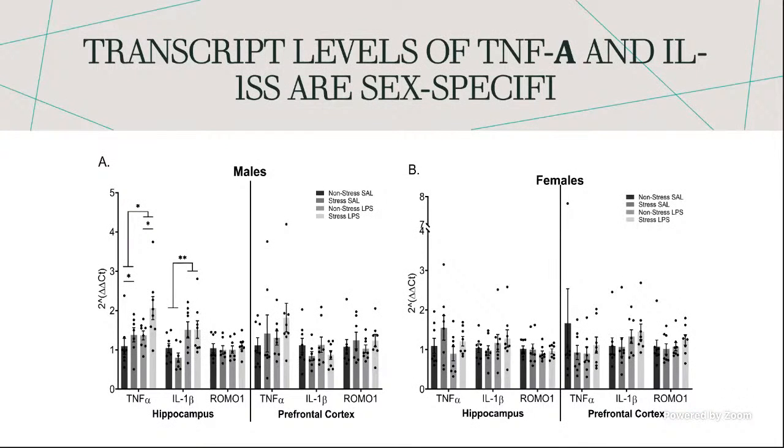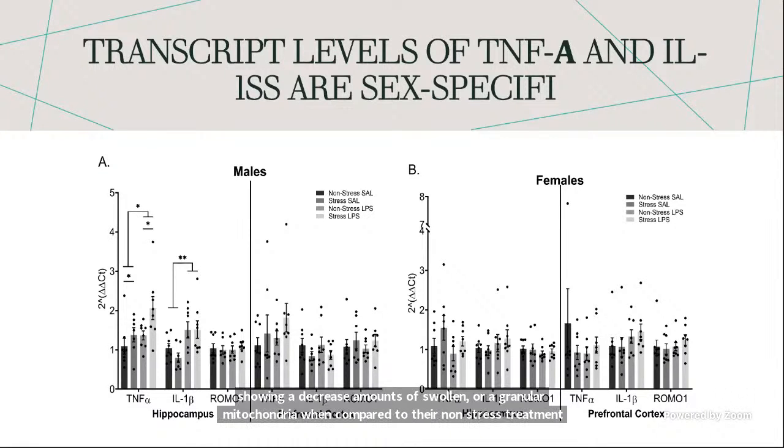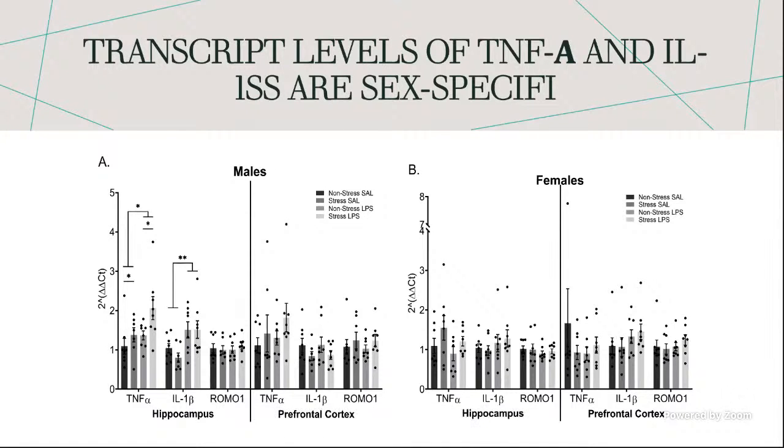So we see that there is a sex-specific difference in transcript levels of TNF alpha and IL-1 beta when looking at qPCR data. So we see that males with a history of inflammation show a significant increase in TNF alpha and IL-1 beta within their hippocampus, yet this difference is not seen within the females.